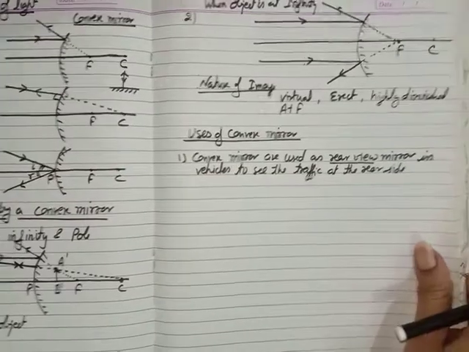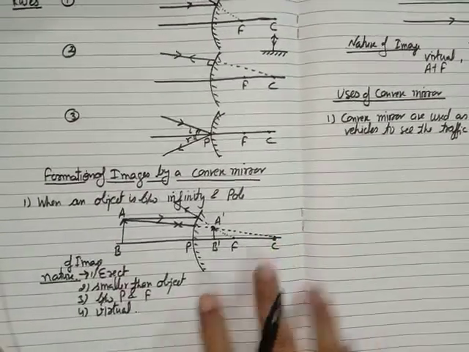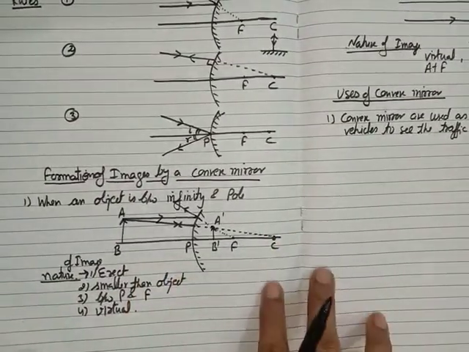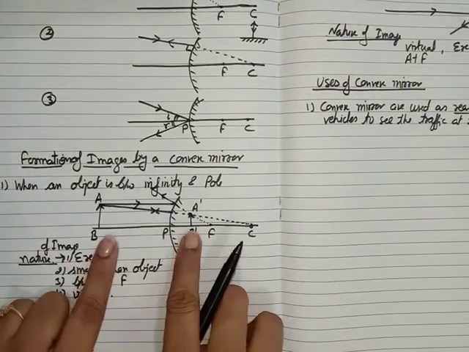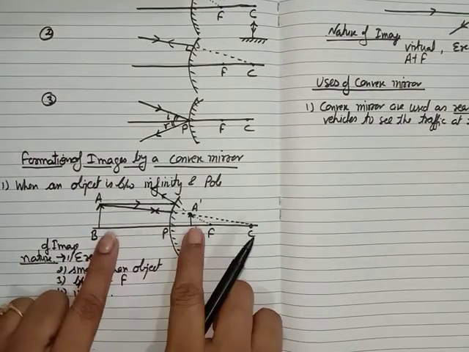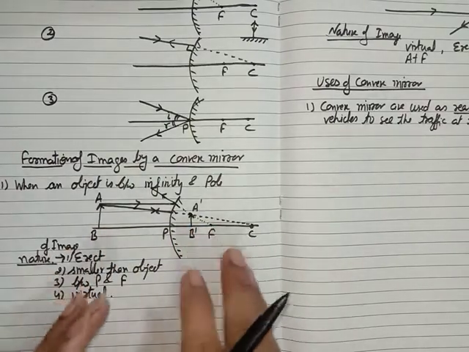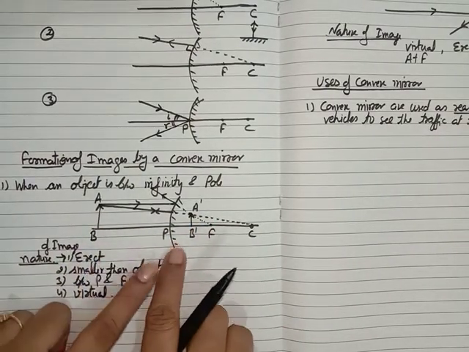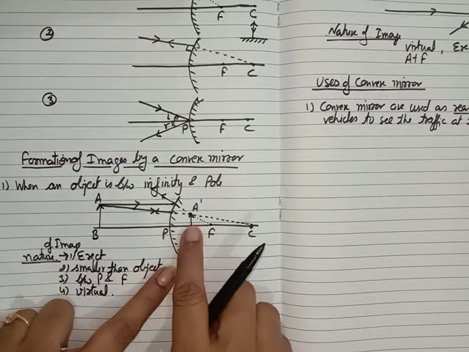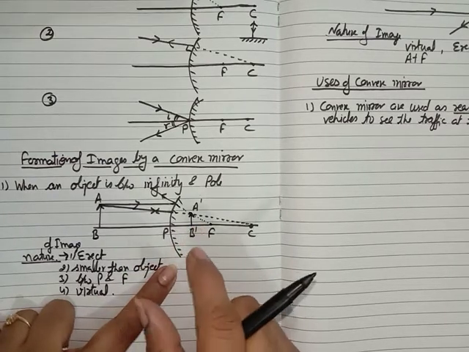You know, in the last image formation, you saw that the image is always erect, and it is always diminished, meaning smaller than the object. So if we see an object using the convex mirror, it forms a smaller image.